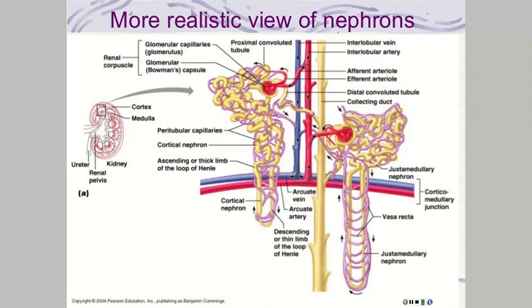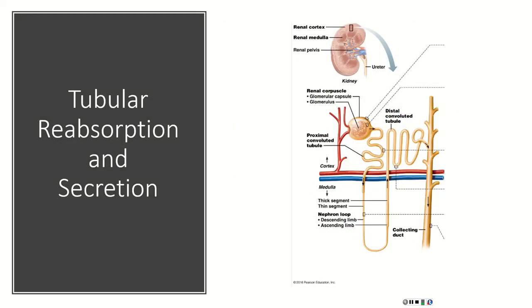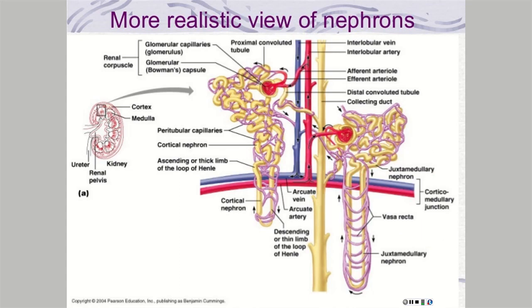Again, here's our more realistic view of nephrons, and the reason that we're going to talk about that is because when we look at the nephron here, which is a little like that generalized nephron that we looked at, we can see the tubules, but it leaves out the fact that these purple guys right here are capillaries.